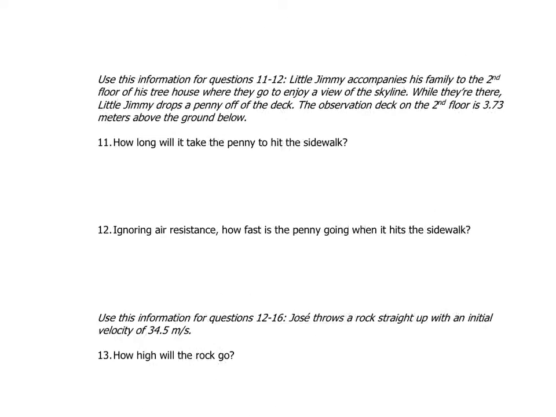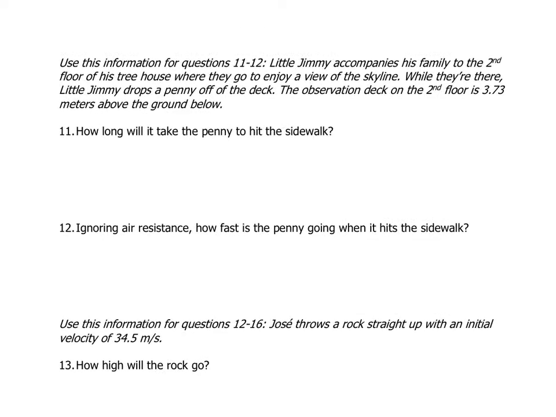Okay, on the right side here, we've got some information that's up at the top of our page that we're going to use for questions 11 and 12. And it says that little Jimmy accompanies his family to the second floor of his treehouse, so they go to enjoy the view of his skyline.